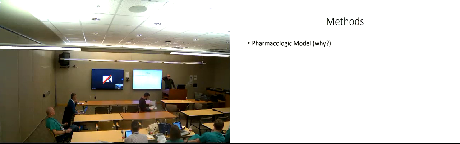But the reason why there's a pharmacological model, getting back to what you said in the hypothesis, is the sensitivity. We're going to drill down to a parameter that measures sensitivity in each individual. So each individual is going to have a sensitivity score. So that's where we're going.